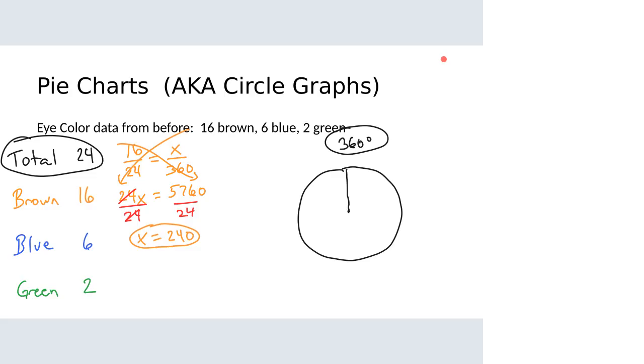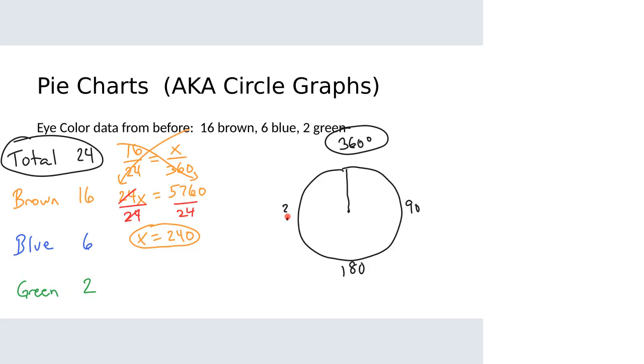If it's 360 degrees all the way around, how many degrees is it halfway? Perfect, Summer. 180. And what about halfway to that 180? What would the degrees be over there? Yep, 90. And then just to give us a nice little scale here, what's going to go over there?